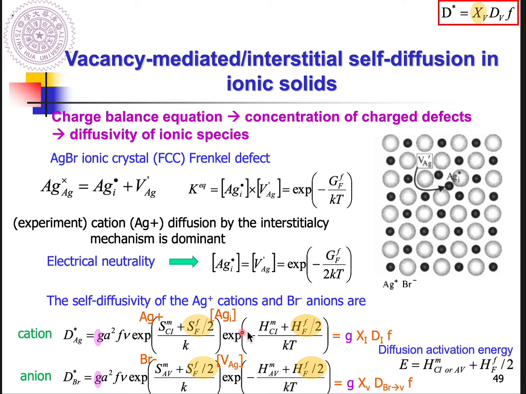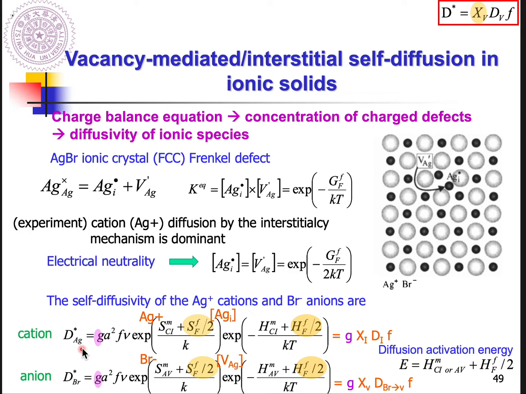And as we mentioned, if you want to know the diffusivity of the cation or anion in your developed materials, you can measure the D star, the self-diffusivity for the cation, at different temperatures, and you take a log after fitting. You can then easily get the diffusion activation energy for the cation in your developed ionic materials.